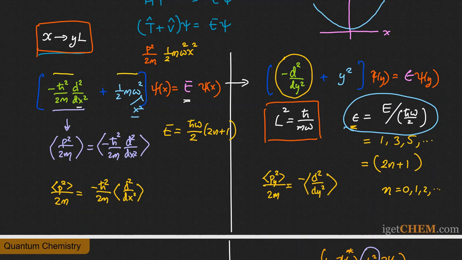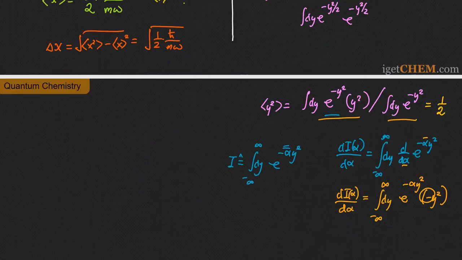What I need to do in the scaled equation is just evaluate the expectation value of the double derivative, and we should then be able to calculate what that is.